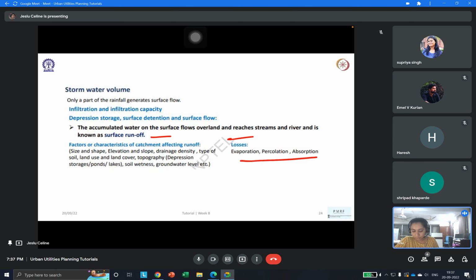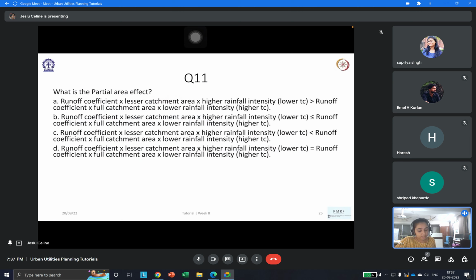Let's proceed further. What is partial area effect? All options are very similar, with minor variations. Who wants to take this question up? Okay, Supriya, you can attempt it.